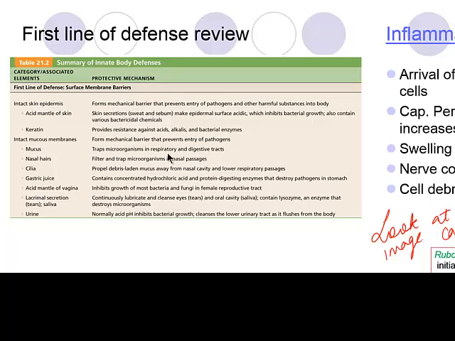The next two slides are really good about the first and second line of defense. Basically, this is a review. The first line of defense is the surface membranes, so skin and mucous membrane. Look at the acid in the skin, which makes it acidic and prevents bacterial growth. Keratin by itself is resistant, prevents substances from getting in, and provides resistance against bacterial enzymes because it's quite thick.